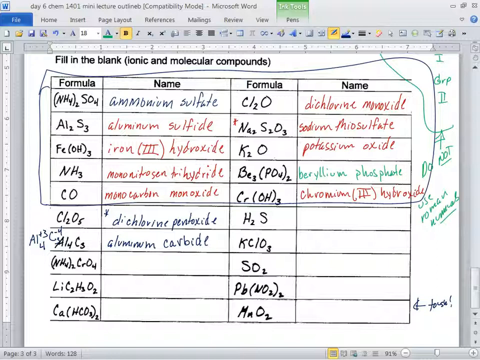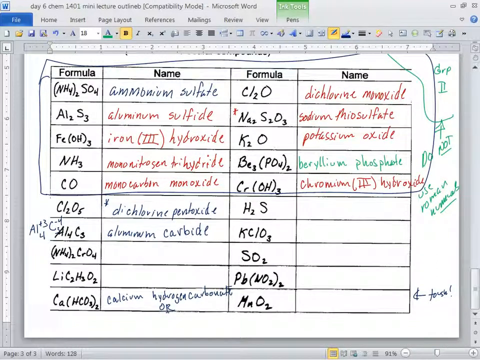I'm pretty sure that's in lab. Is it 3 words that you use? Is it calcium hydrogen carbonate? No, they write it all in 2 words. You could call it hydrogen carbonate, or bicarbonate.